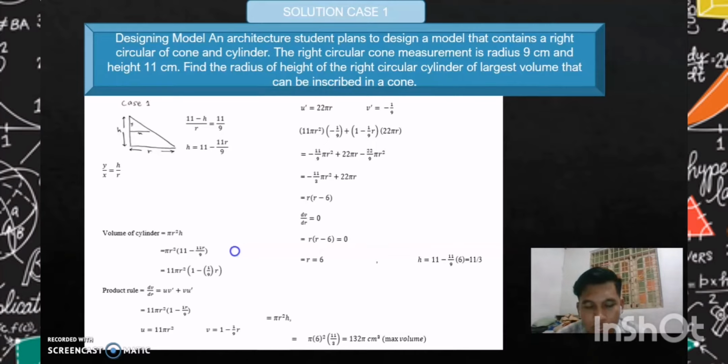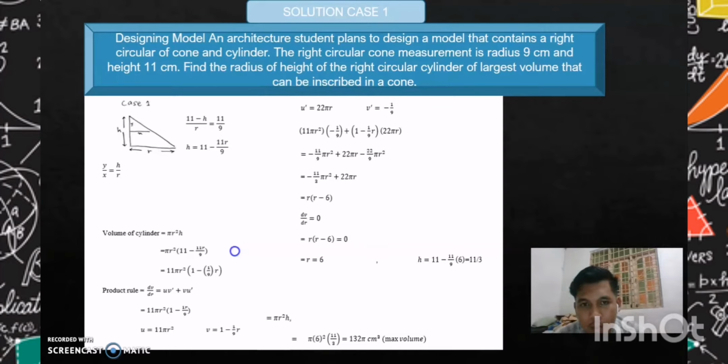When we got the radius 6, we can find h. So we insert r into the formula, and h equals 11 minus 11 over 9 multiplied by 6. The answer for h is 11 over 3.